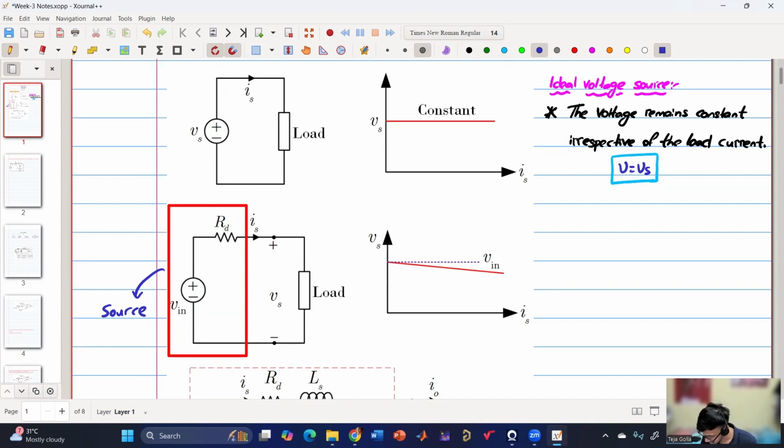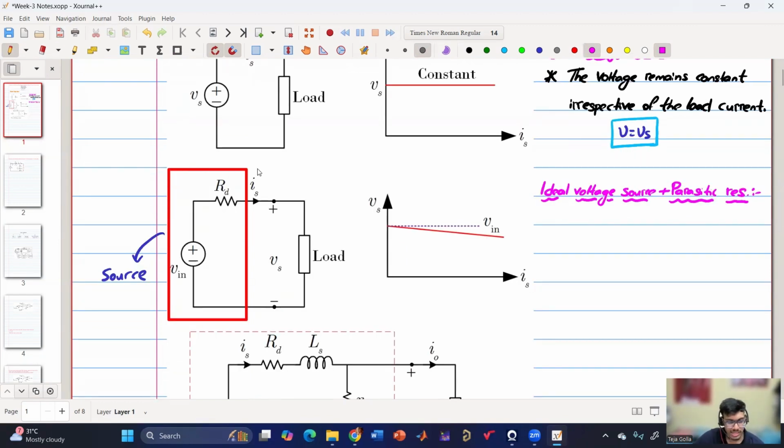So the source inside the box contains one ideal voltage source, and it also contains some parasitic resistance.